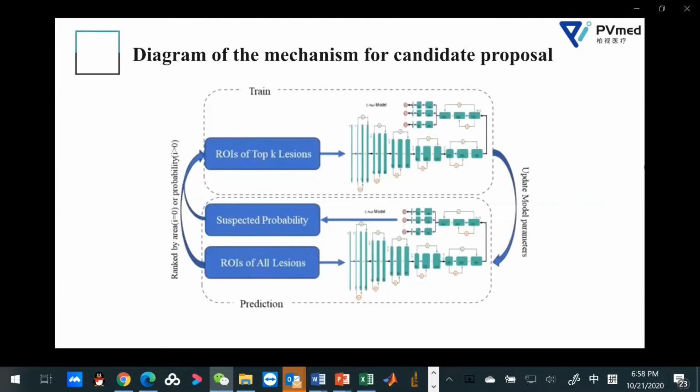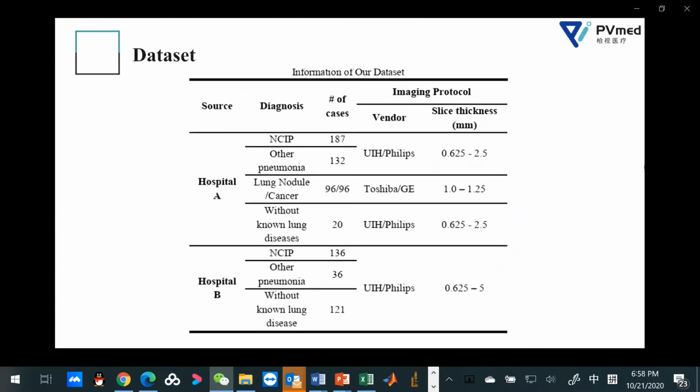During the training, the candidate proposals were randomly selected from the first 15 proposals at each iteration. Finally, the case-based prediction is achieved by identifying a maximum of 10 proposals with a likelihood of NCIP lesion.